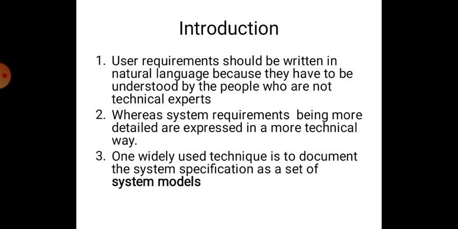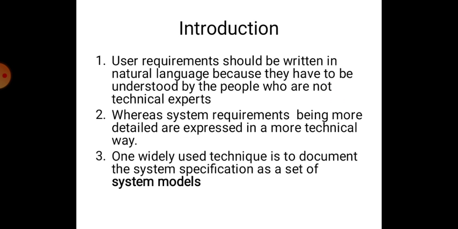Point number 2, whereas system requirements, being more detailed, are expressed in a more technical way. So students, you know that system requirements are the basis for developing a system. So these are more detailed and have technical aspects also.